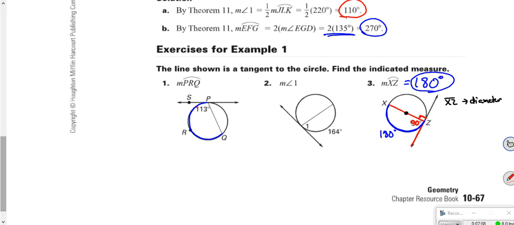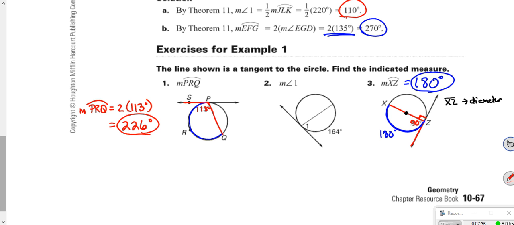This 113 degrees is for that angle. So essentially, the measure of arc PRQ is going to be twice that. Okay, so 226 degrees. I hope you guys see that.